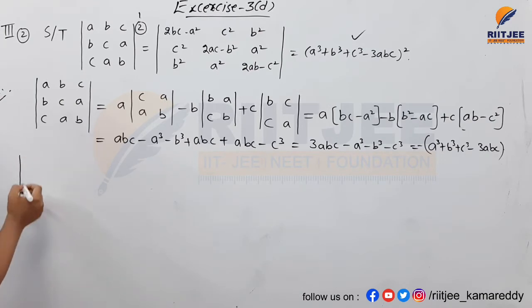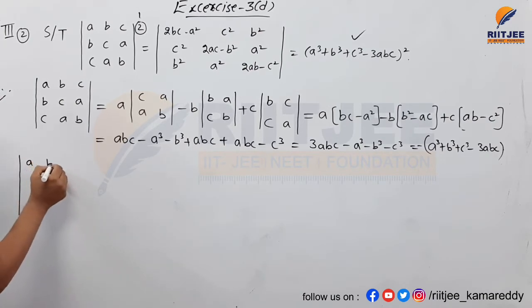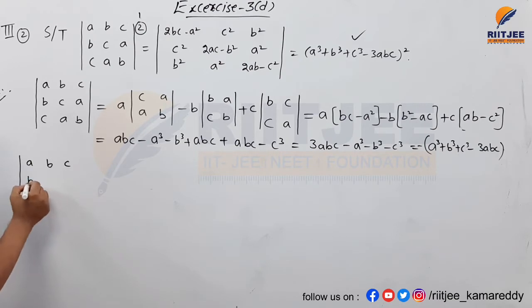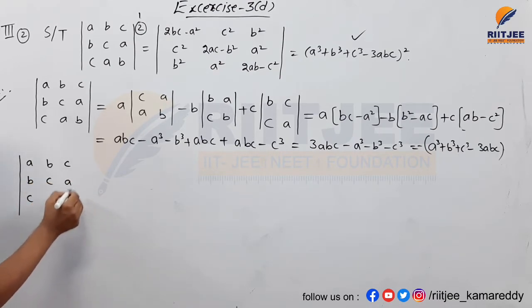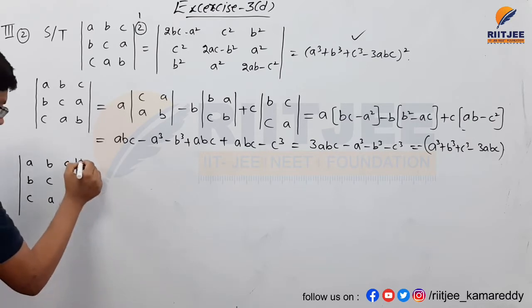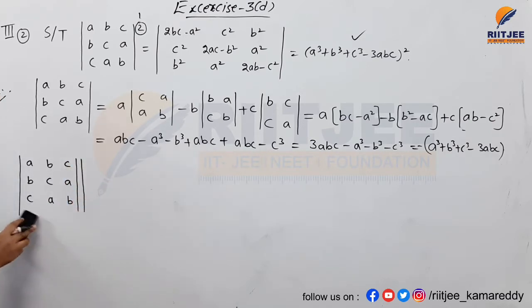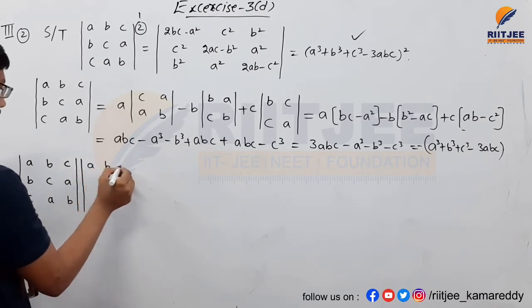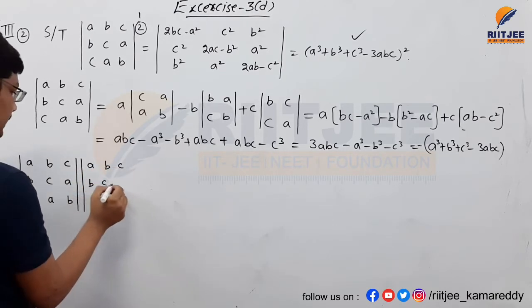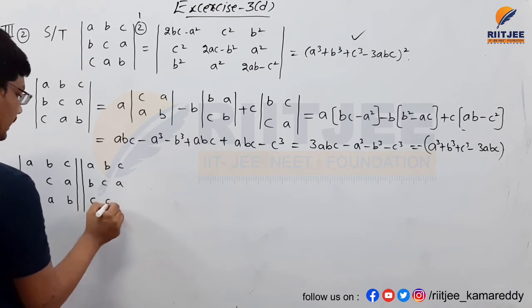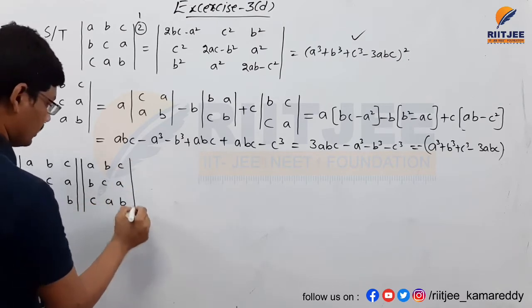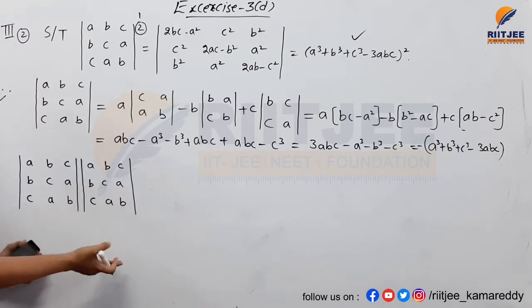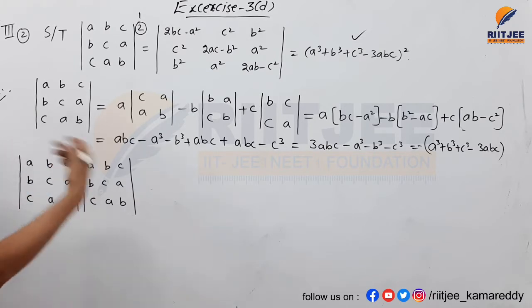I am taking one more time the modulus of A B C, B C A, C A B into again the same matrix, A B C, B C A, C A B. Square is nothing but multiplying the determinant by itself one more time.